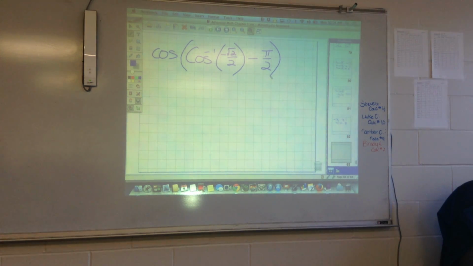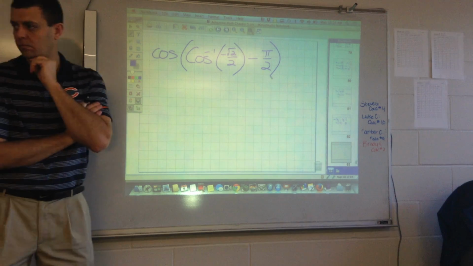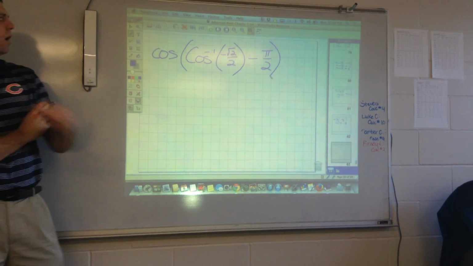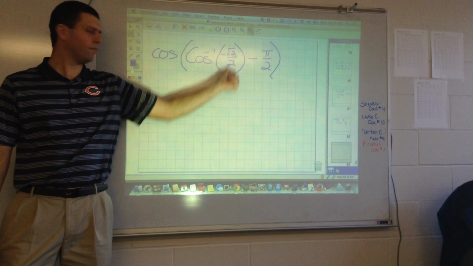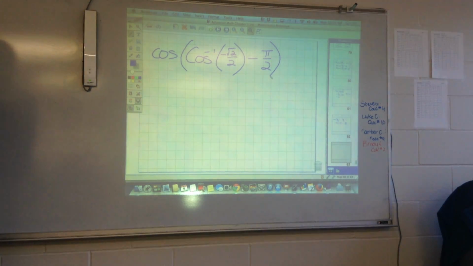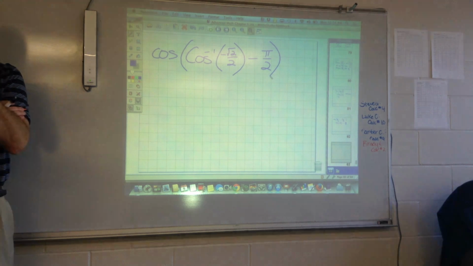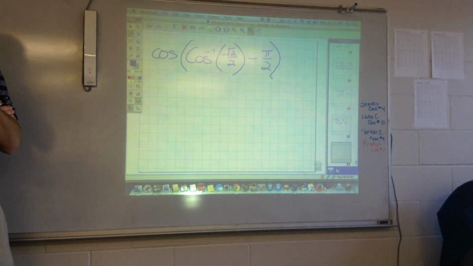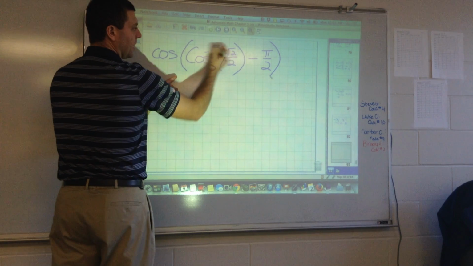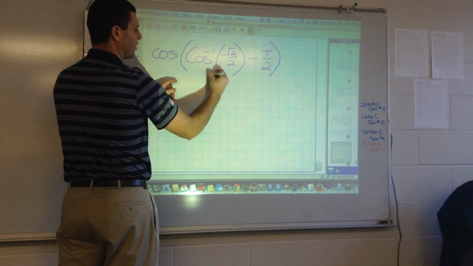Hopefully we can tell. Inverse cosine of negative root 2 over 2, what would that be? 135 or 3 pi over 4. Okay? Two ways to do this. If you want to use degrees, totally fine. This is saying 135 degrees.